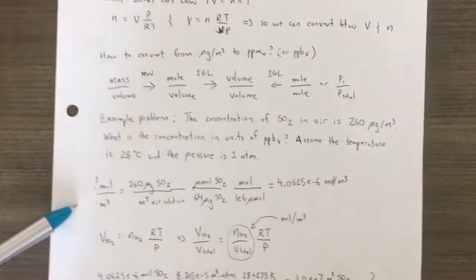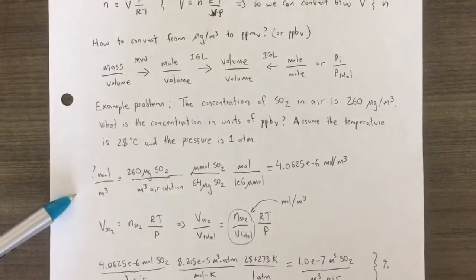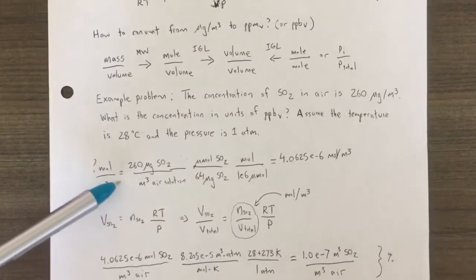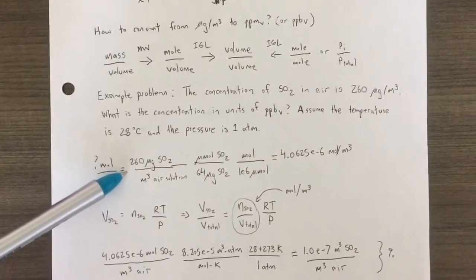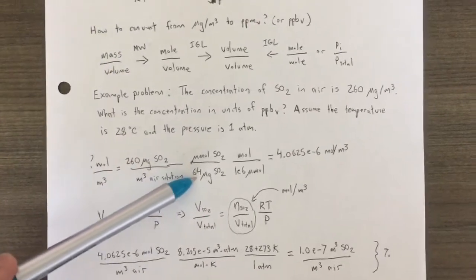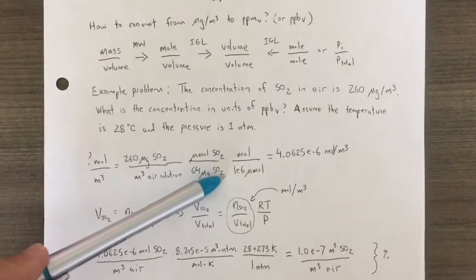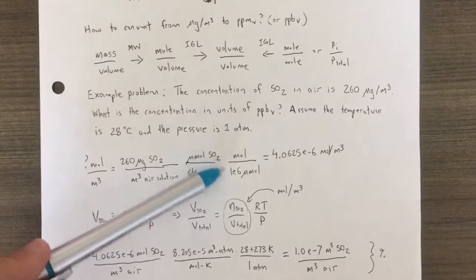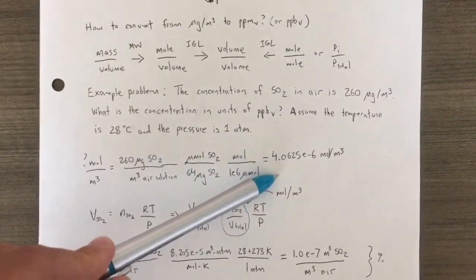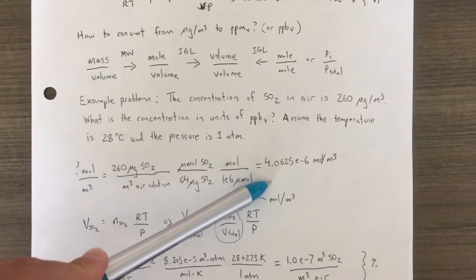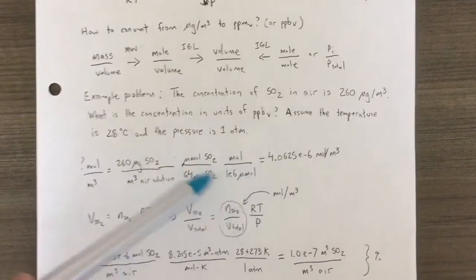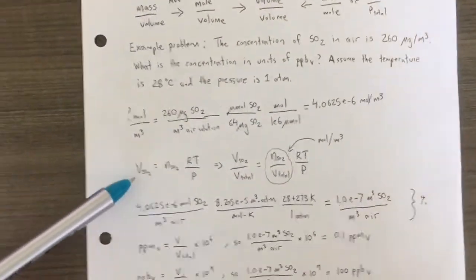Alright, so first let's convert our mass per volume to a mole per volume, and that's pretty easy. 260 micrograms of SO2 per meter cubed. Take the molecular weight of SO2, micrograms per micromole, do a unit conversion to get from micromoles to moles, and we get about 4 times 10 to the minus 6 moles per meter cubed. Now we'll make use of the ideal gas law.